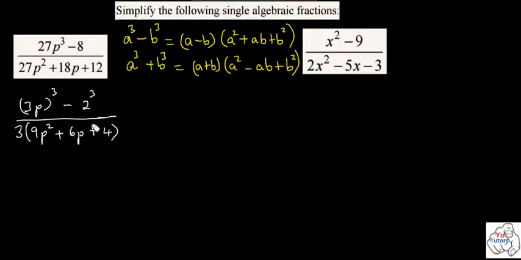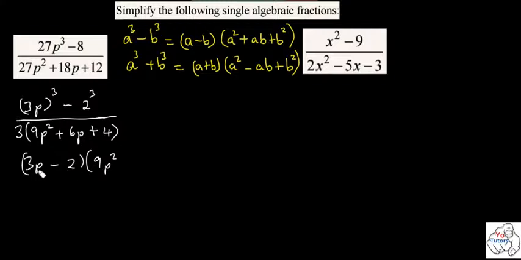Now, that's what we have there. From there, we can now factorize. We're going to have 3p minus 2. Are we following what we're doing here? Then in brackets, 3 squared p squared is going to give you 9p squared.